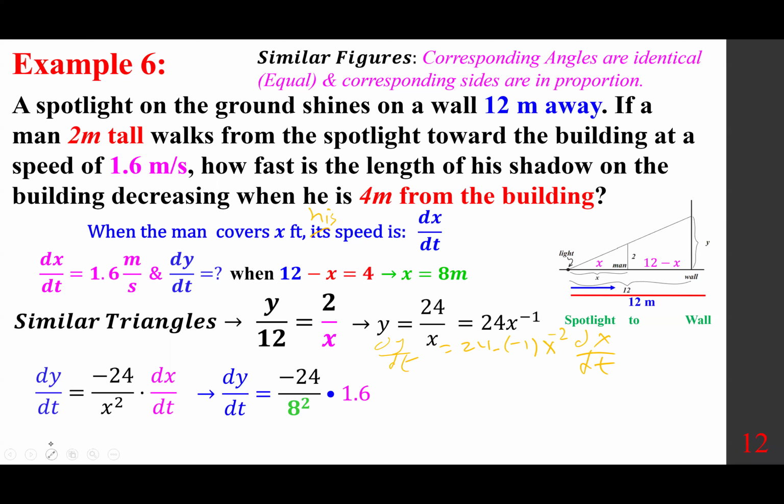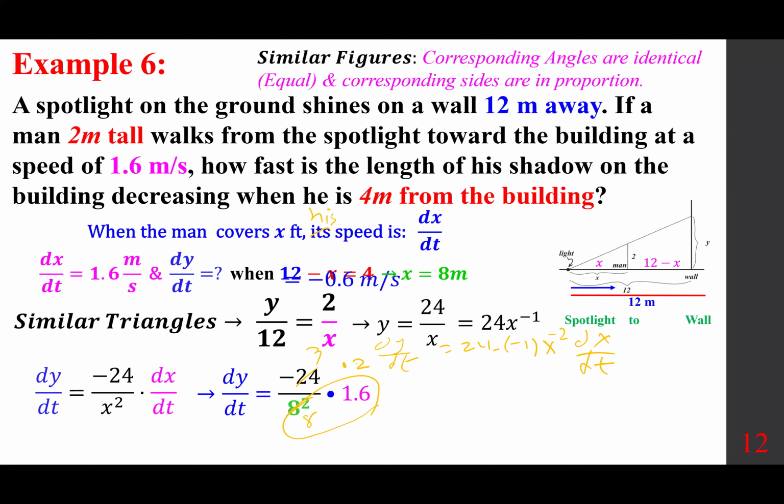I hope you see that 24 is divisible by 8. So I can change the 24 to 3, and 8 times 8 just becomes 8. 1.6 divided by 8, imagine 16 divided by 8 is 2, so it's 0.2. So 3 times 0.2 is 0.6.